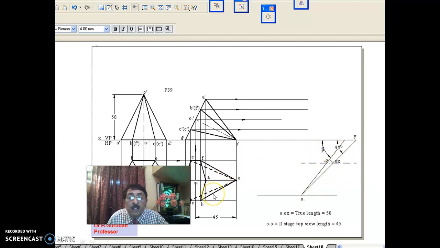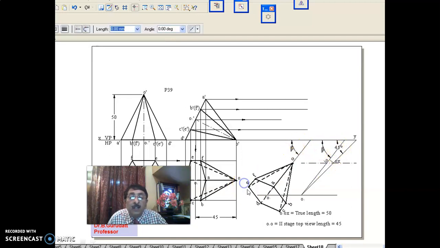Now what you have to do is, the second stage top view that you got, you move, copy and paste here and rotate in such a way that O1 is inclined at beta to the XY line or beta to VP. You see here, once you get beta, if you draw one line parallel to this, it will be beta, then you place it here.